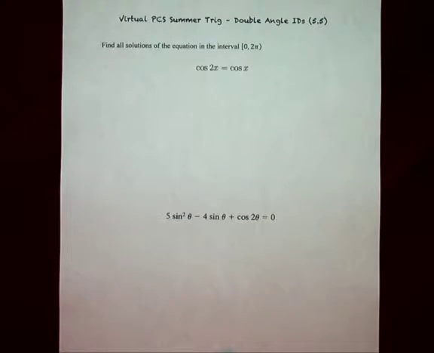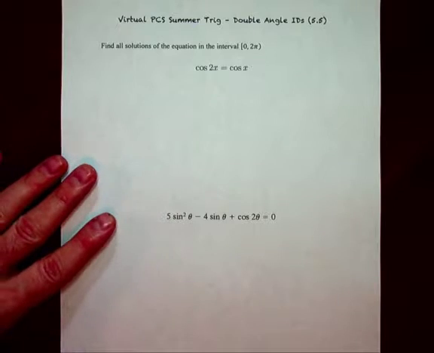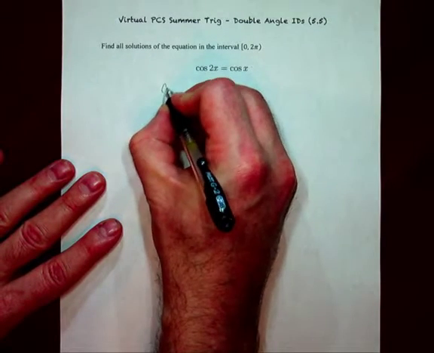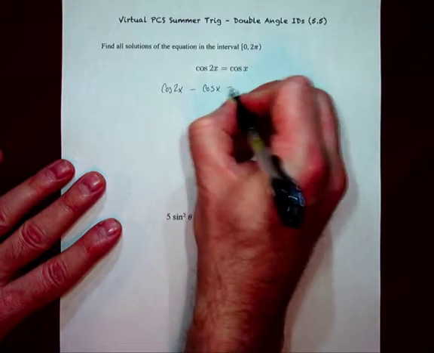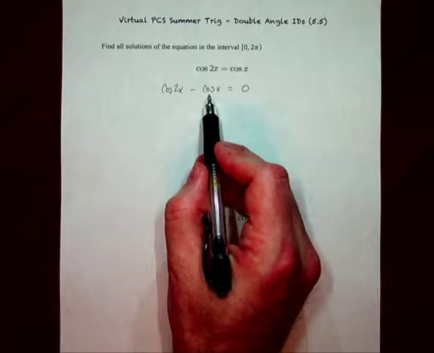We're still on 0 to 2 pi. We're going to do the same thing with this one that we did with sine 2x is equal to cosine x. We're going to go ahead and bring this cosine x over to this side. Now, I need to figure out which one of the three identities for cosine 2x I'm going to use. It does me no good to introduce sine into this equation when this is cosine right here.